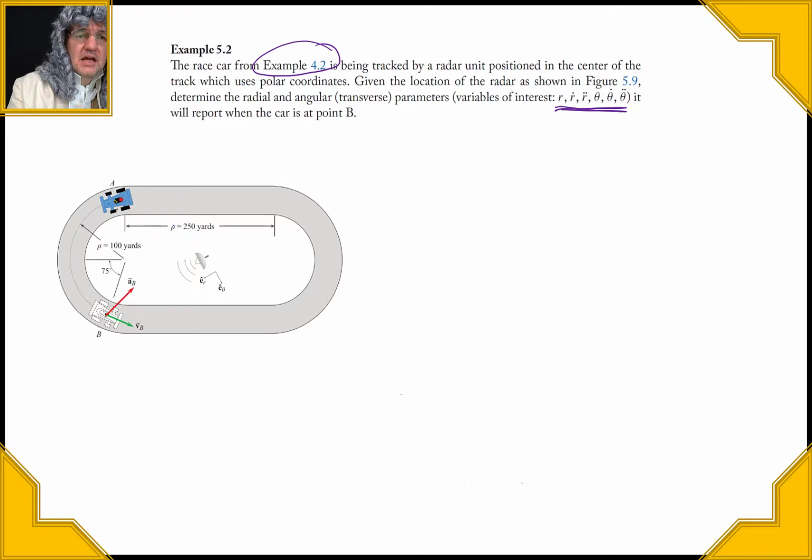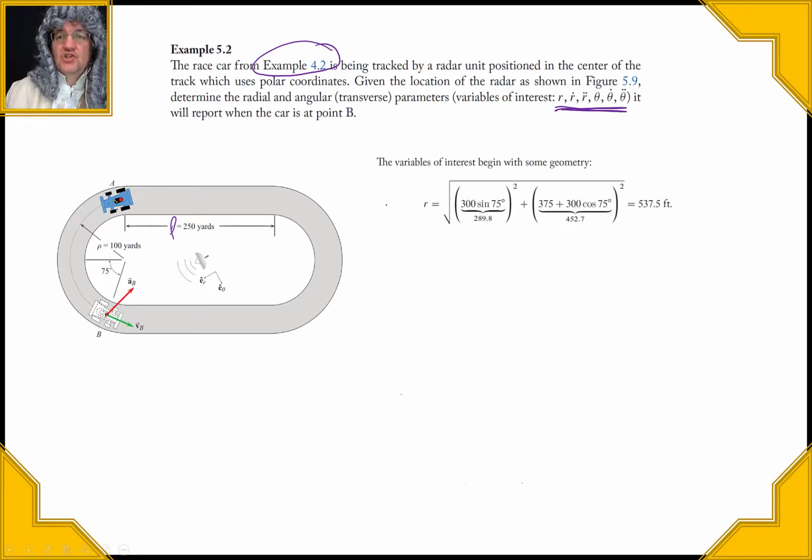I think that's just supposed to be L right in there. So this is 250 yards, the length of the straightaway right there.